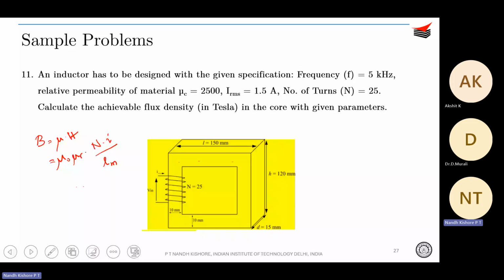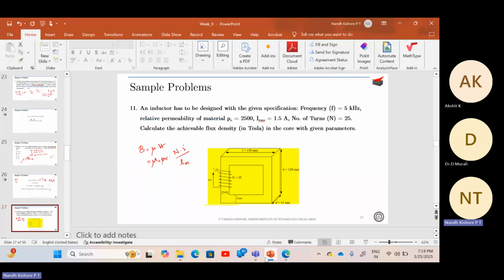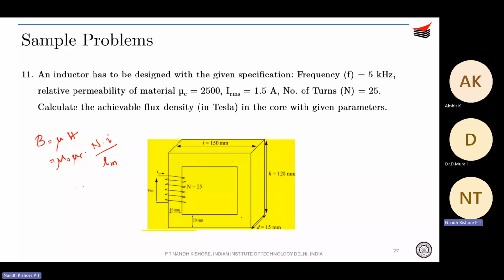I hope my screen is visible. So the total is 120 mm, right? And you consider what should be the path here, something like this. You can consider the average path. So you should calculate the path Lm.